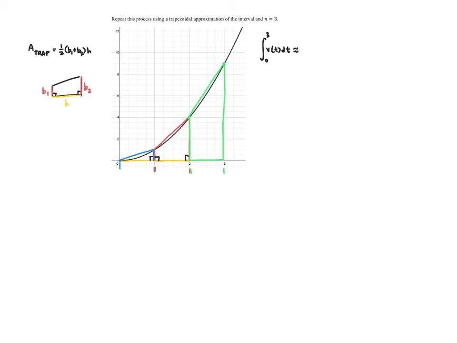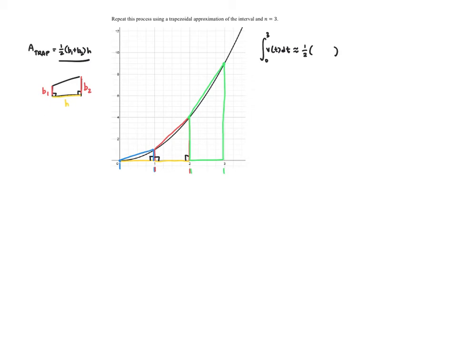Okay, so let's be deliberate about this. I'll show you a couple ways to set this up. We have to utilize this equation 3 times. So I'm going to take 1/2 b1 plus b2.